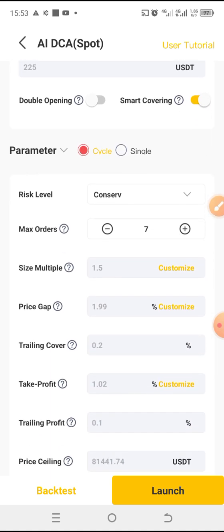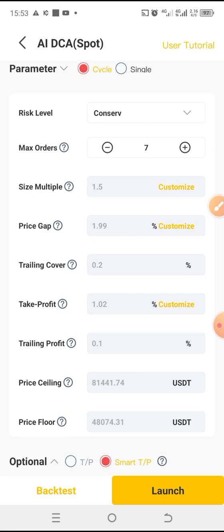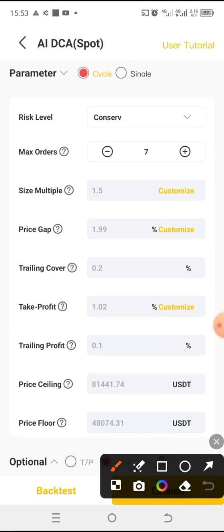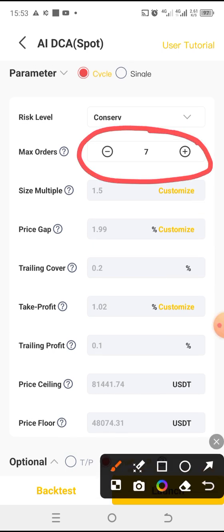Look at the parameters. On the parameters, you can only change the maximum order. You can make it 1, 2, or 3. That means the number of times you want the trade to buy more, another new trade to be initiated when the coin goes against you. For example, you buy a $10 coin, and when you buy it, the coin goes down.